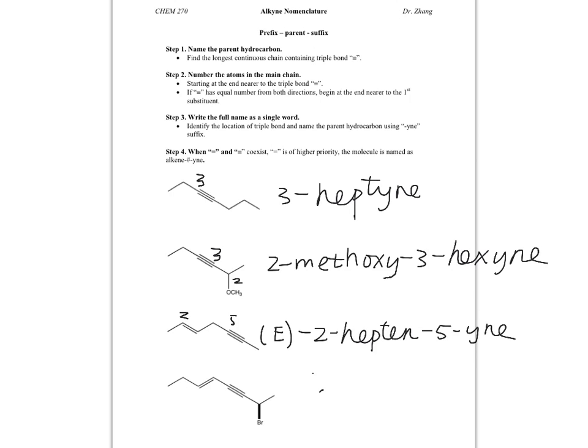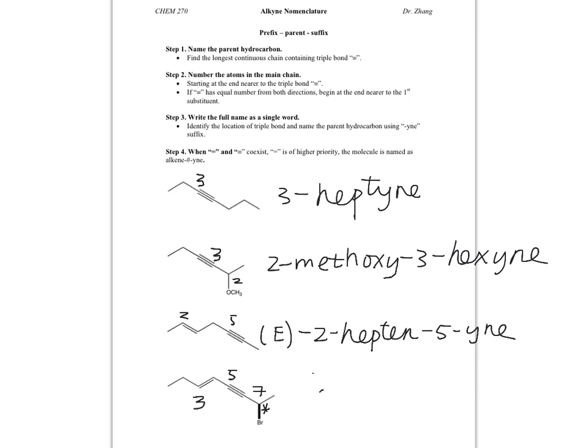Therefore, our numbering for this molecule would start from the left-hand side, 1, 2, 3, 4, 5, 6, 7. That's where the bromine substituent is at. On carbon number 7, we notice that it is also a chiral carbon, so we need to describe the chirality here, and it's an R. And the double bond, again, is an E.